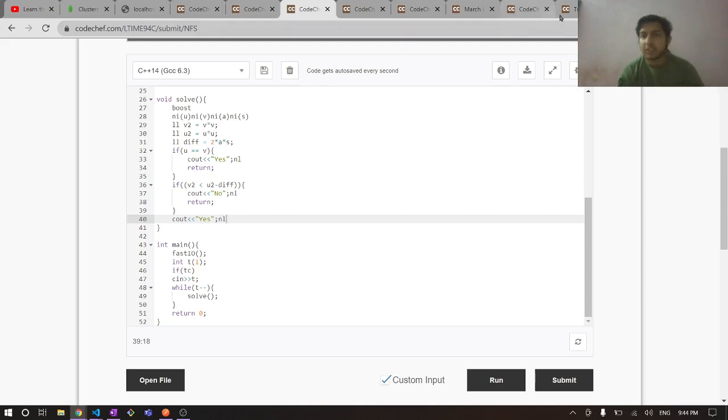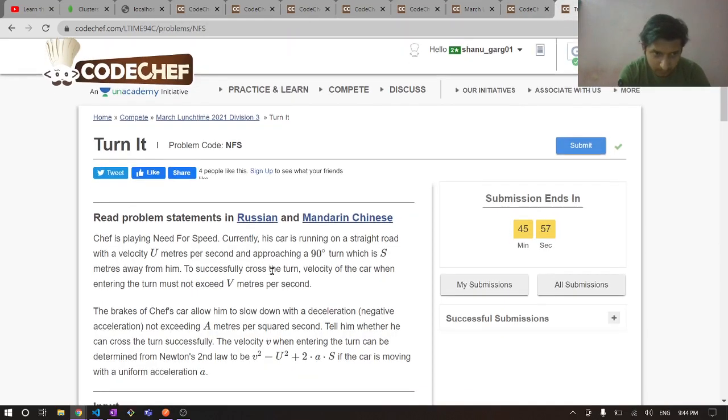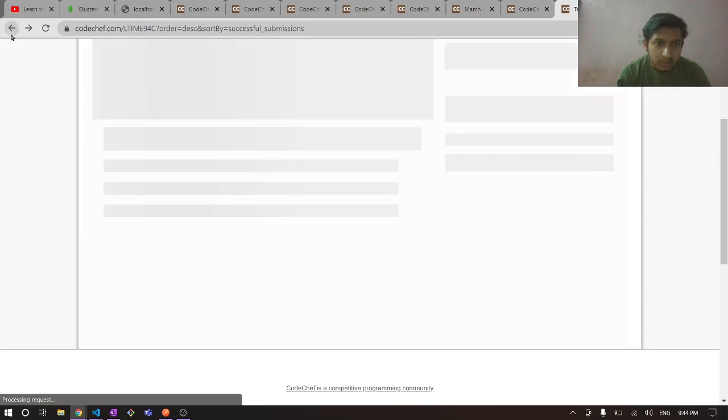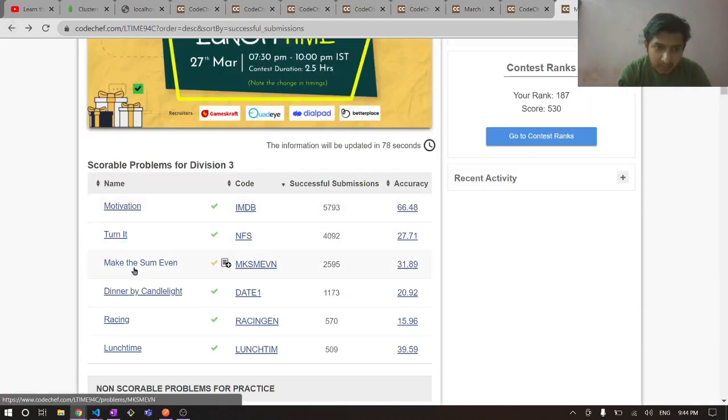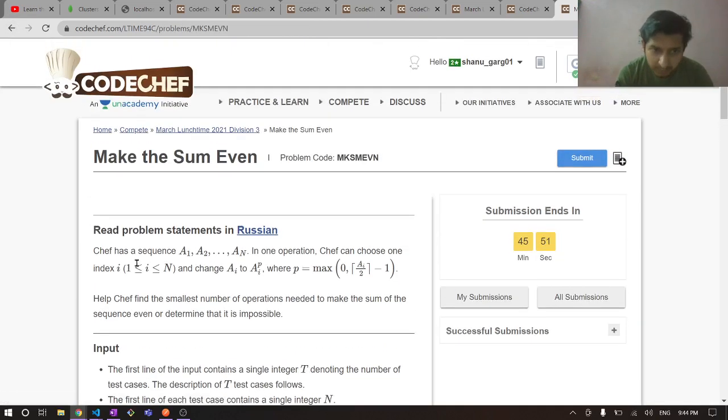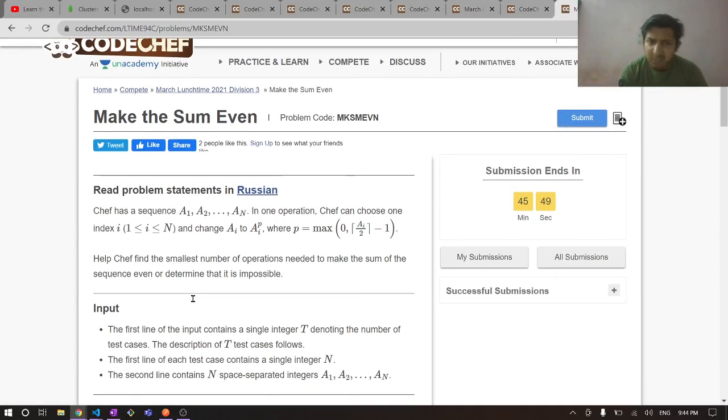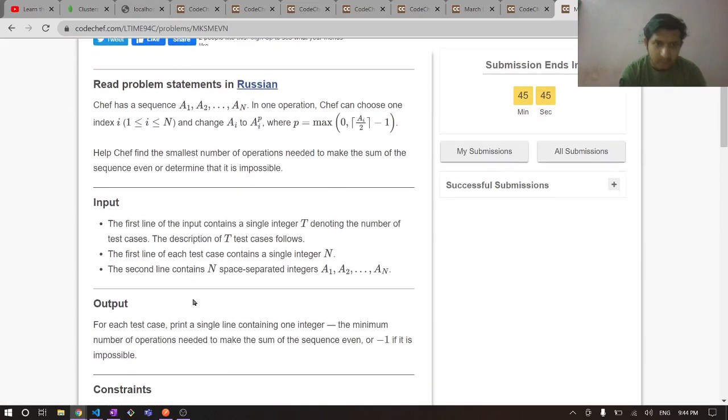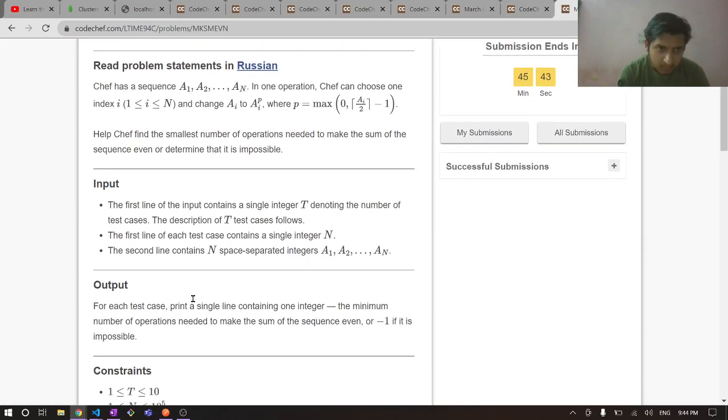Now moving to the third question. Actually, I just covered one part of it because I was feeling that it's getting too hard in the middle of the contest, so I just skipped the second part of it.